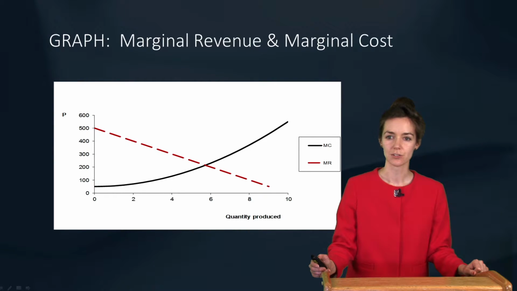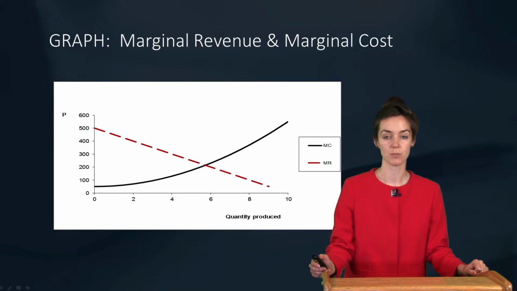Well, let's look at the intersection point of those two curves. If we go to the left of that intersection point, we see that marginal revenue is above marginal cost. So in that case, profits will be made. But if you go to the right of that point, marginal cost is greater than marginal revenue. So just by analyzing this graph, it makes sense to think that the profit maximizing point is likely at that point of intersection.